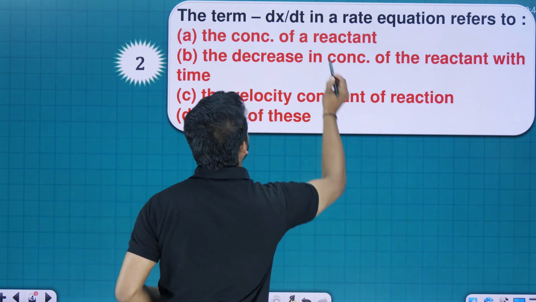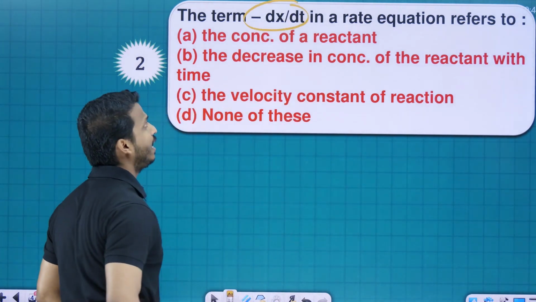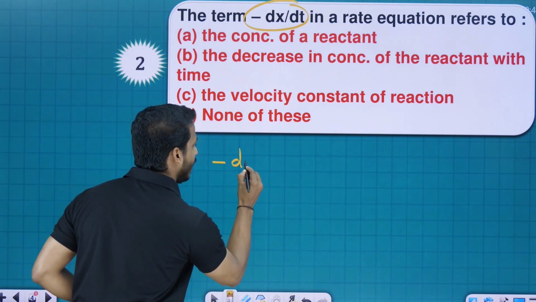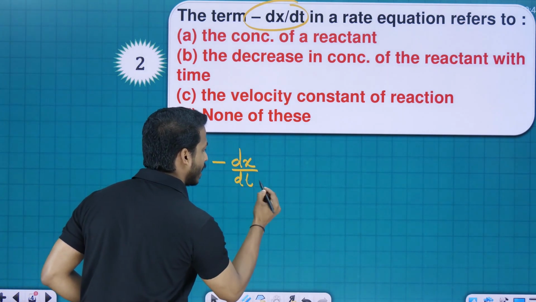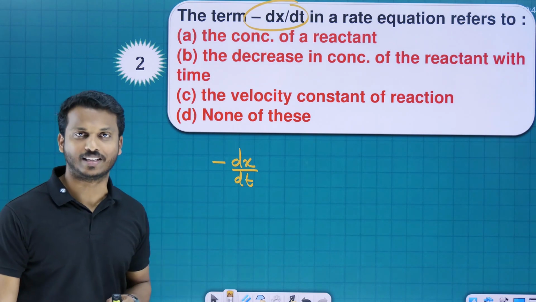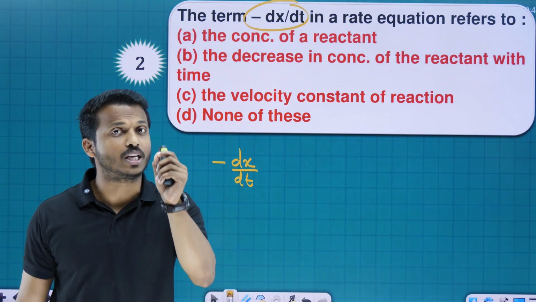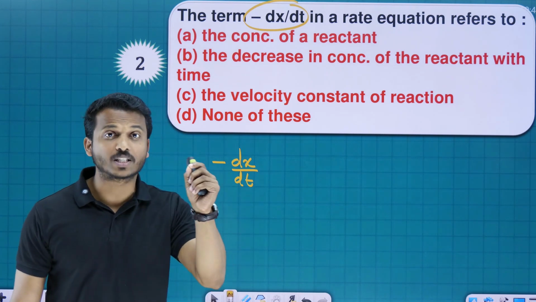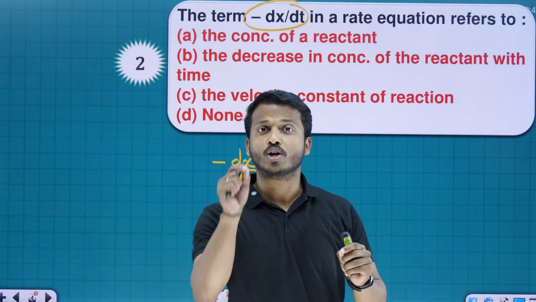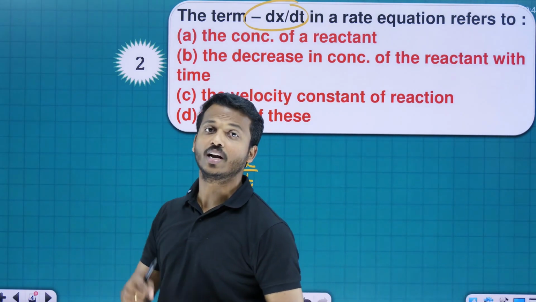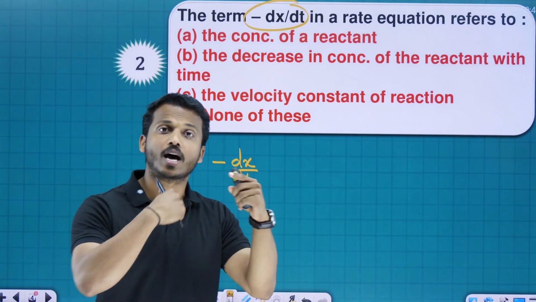The term minus dx by dt in a rate equation refers to what? Minus dx divided by dt, we express the instantaneous rate like this. What does the minus sign indicate? Minus we use for reactant and plus we use for product, because the minus shows that reactants are being consumed in the reaction, plus indicates that products are forming.